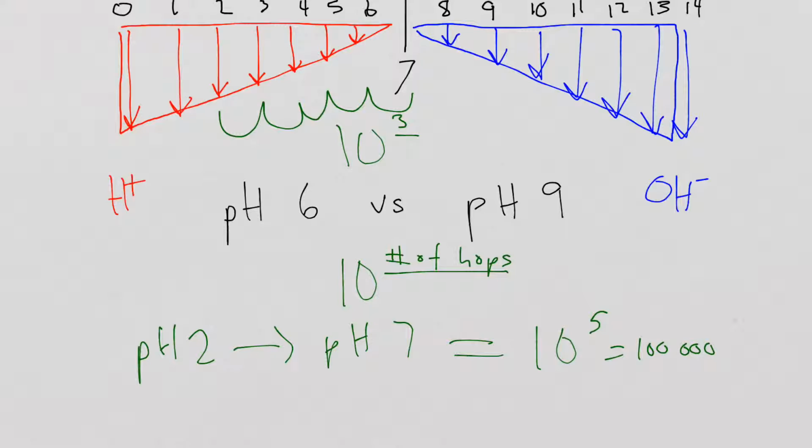Okay, 10 to the 5. Think of it this way. If you're unsure what those numbers are, just put a 1 and however many zeros your exponent is. Okay? So 1 with 5 zeros because it's exponent 5.